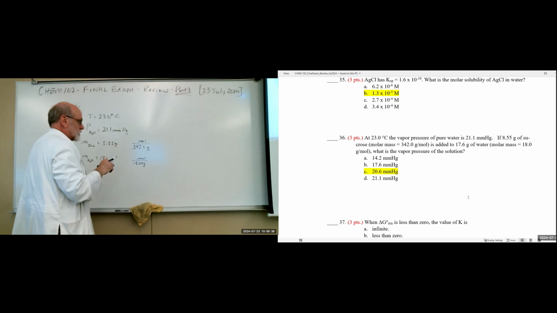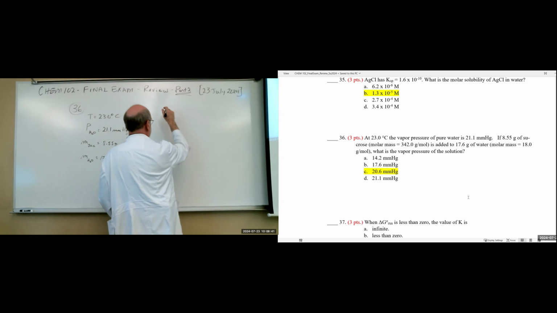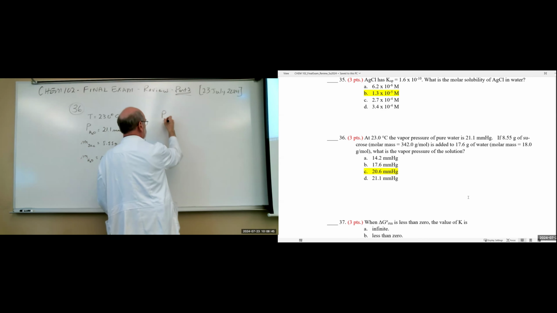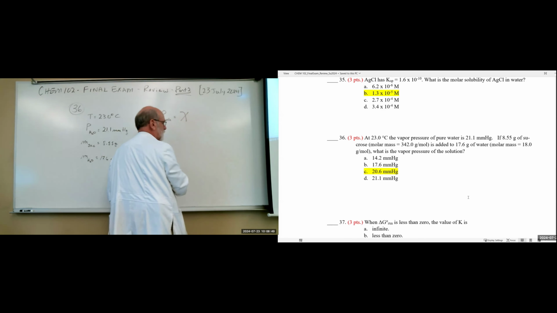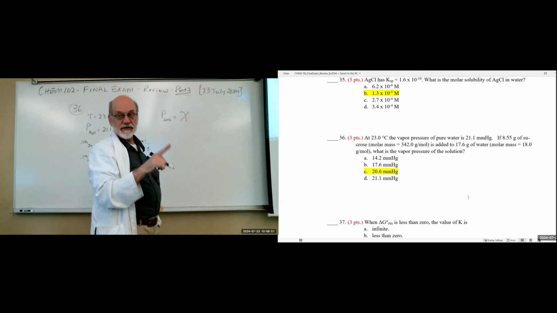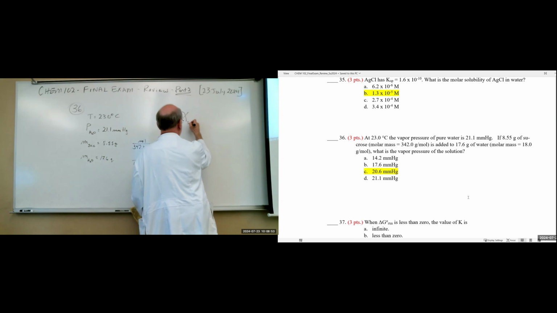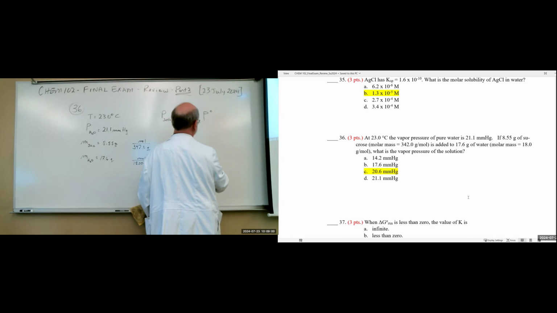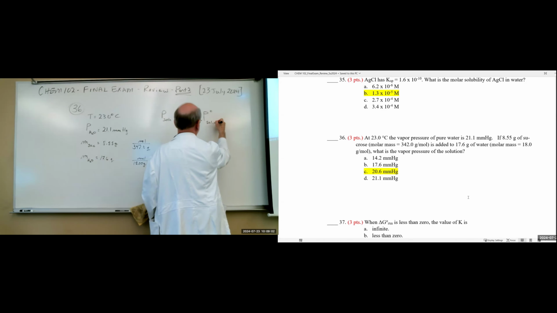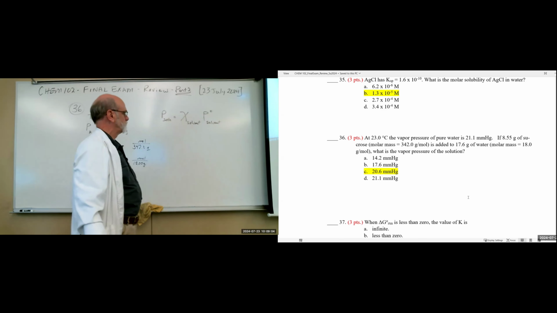The actual vapor pressure of the solution is equal to the mole fraction of the solvent times the standard vapor pressure of the solvent. Right?